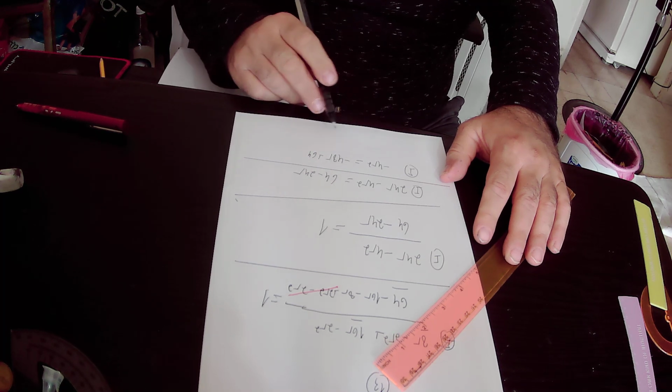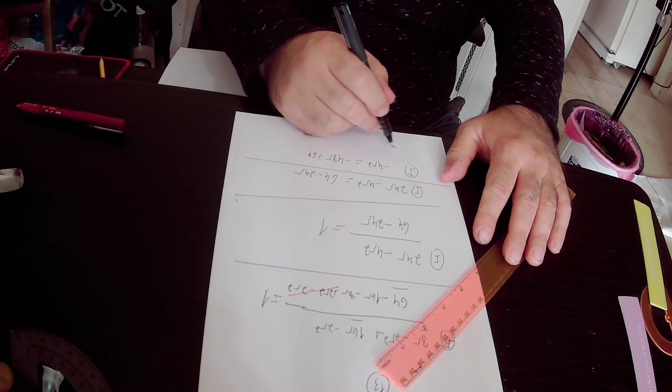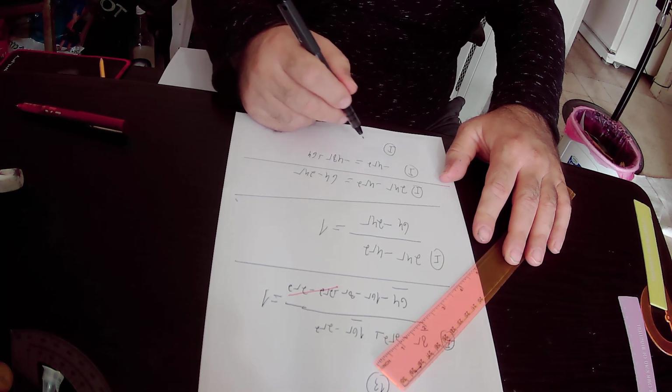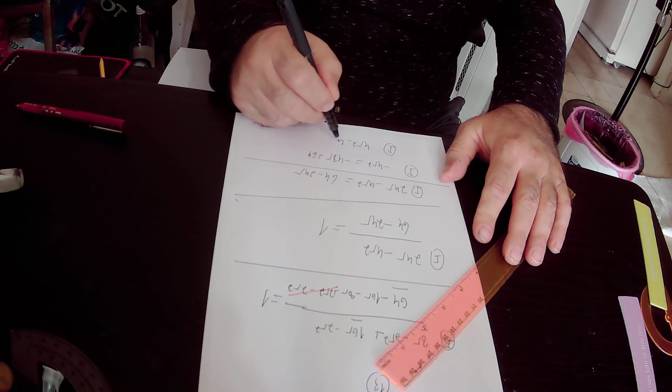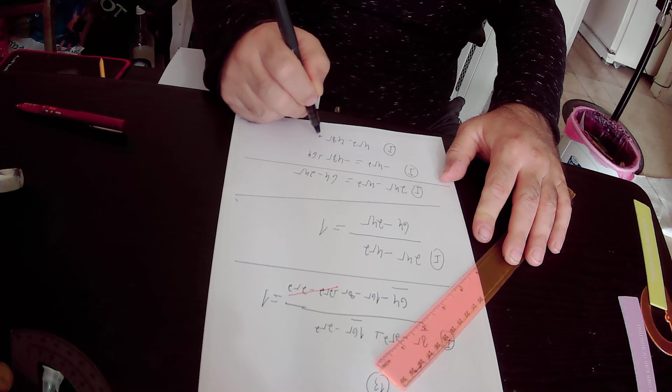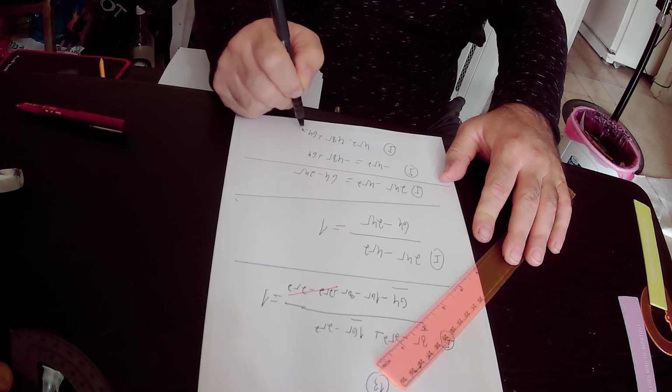We will add 4r squared to this equality and we will get a quadratic equation that 4r squared minus 48r plus 64 equals to 0.